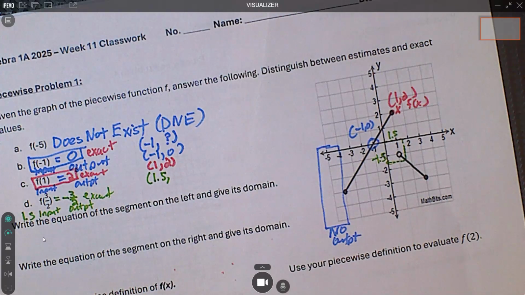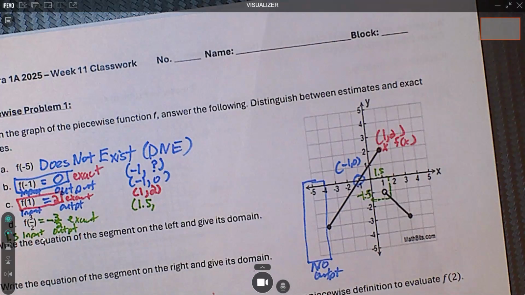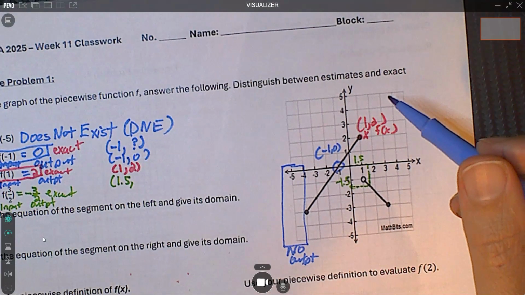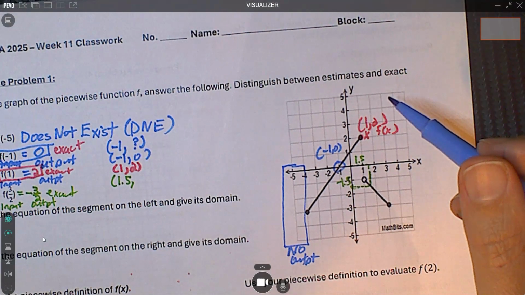Write the equation of the segment on the left and give its domain.